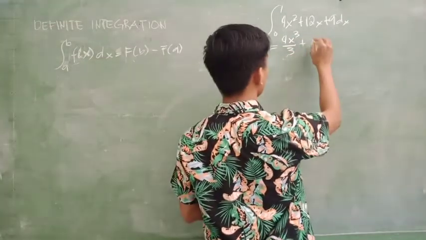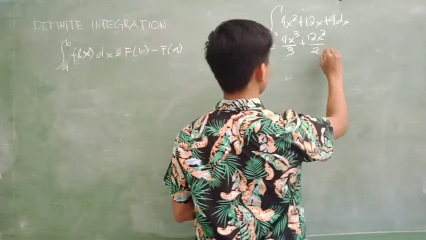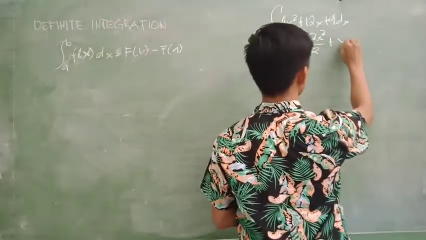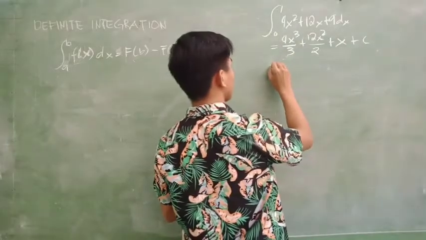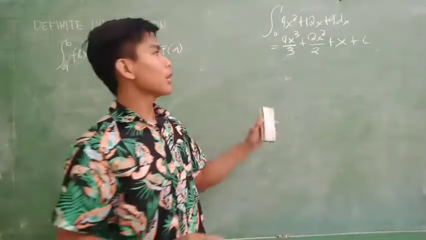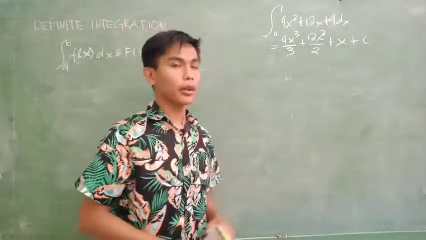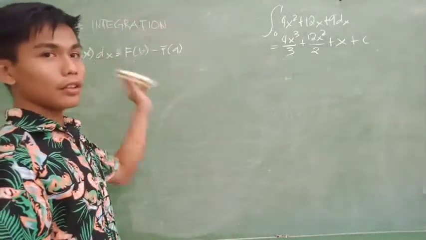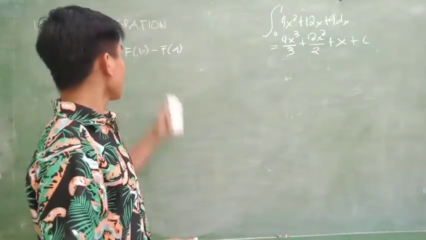The integral of 12x is 12x squared over 2. And the integral of 9 is 9x plus c. So we have here the result of indefinite integration.